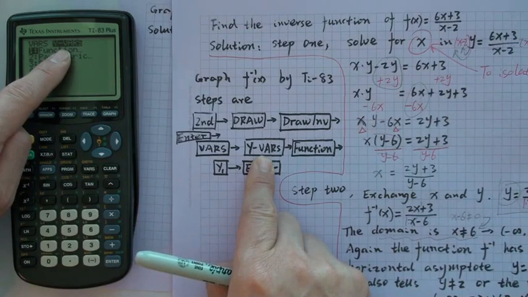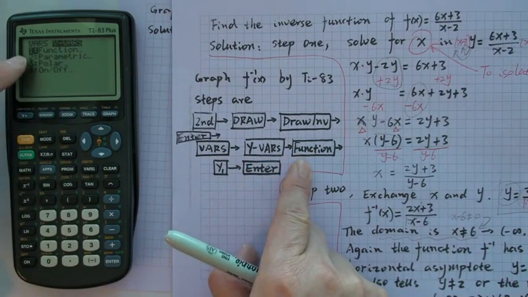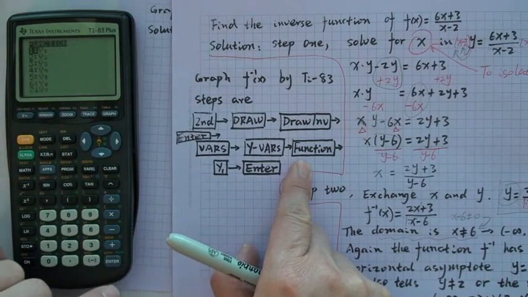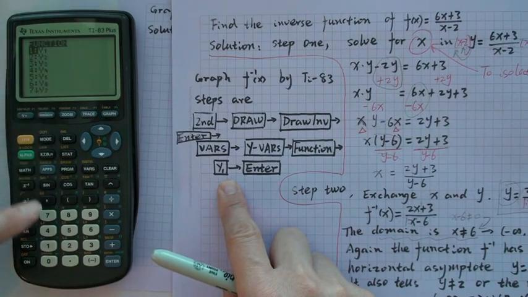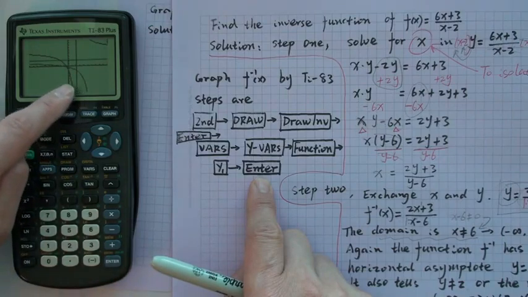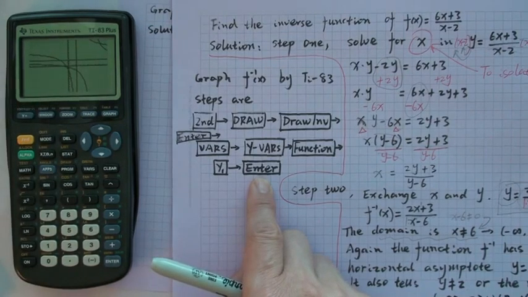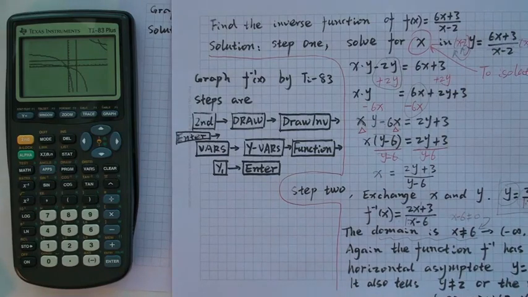Y variables, and then function is number 1. You may hit number 1, or you may just hit enter since 1 is highlighted. Then Y sub 1 shows up. This time we hit 1 and then enter. So you see it's drawing. Yeah, it shows up.